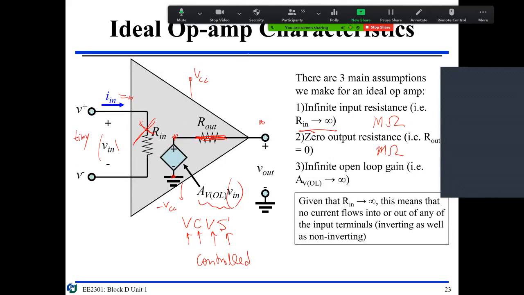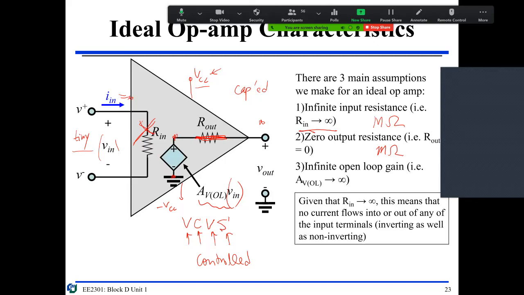These are the maximum, so the output gets capped there. It's also called saturated. If this is open loop, just as in this slide, your output very easily gets saturated at the VCC level or minus VCC level, depending on the polarity. So this open loop is very sensitive to any type of noise, because noise is everywhere. So we don't use that.